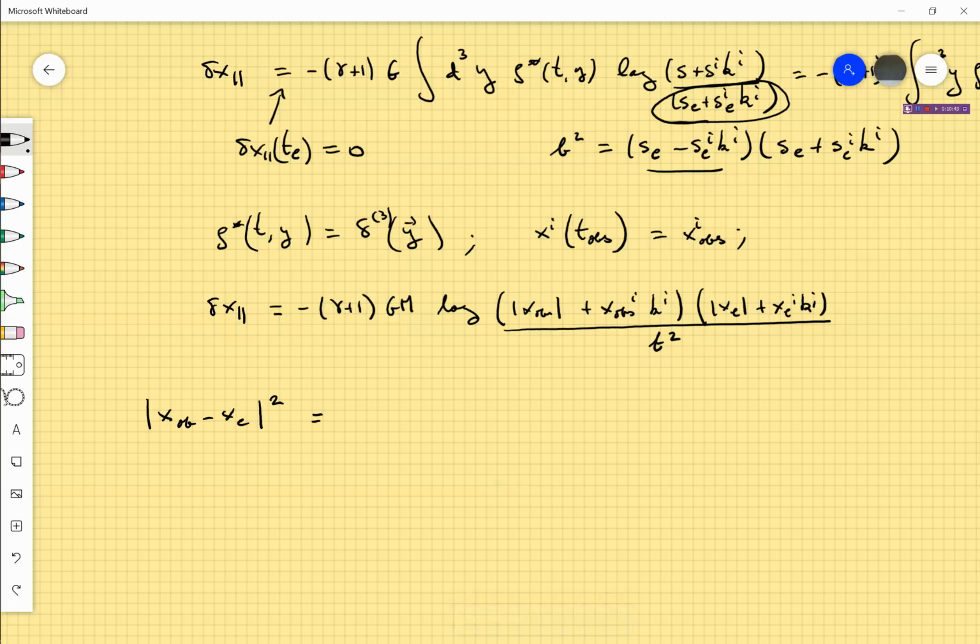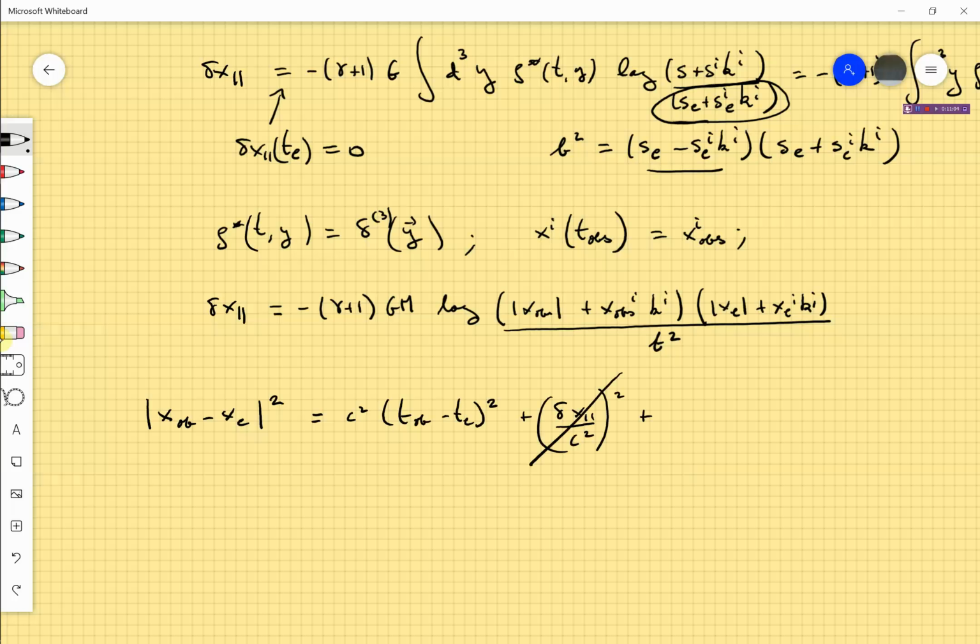So this gives you c squared (t observation minus t emission) squared plus this squared term, which is of higher order.